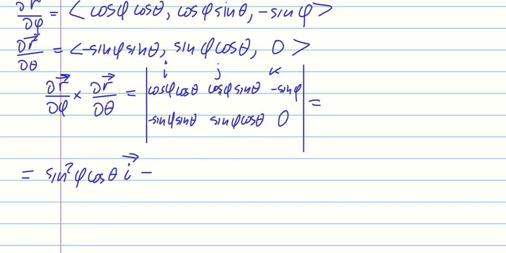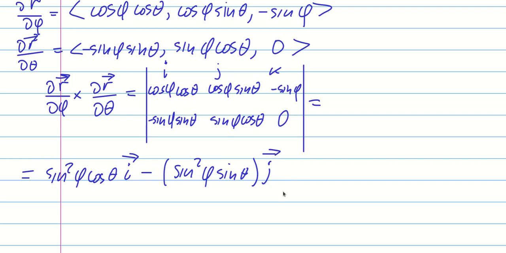Then we put the minus, and for j we cross out the second column, so this would be 0, and we get minus and minus, which is plus, so it's going to be again minus sine squared of phi sine of theta j.